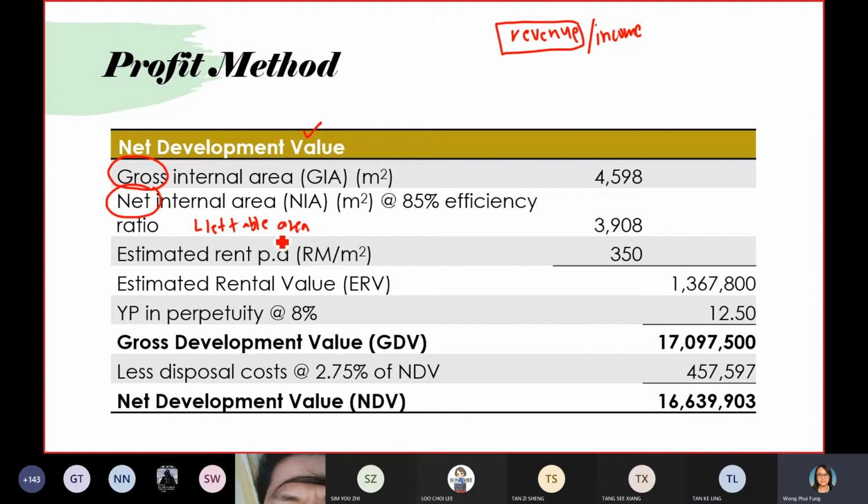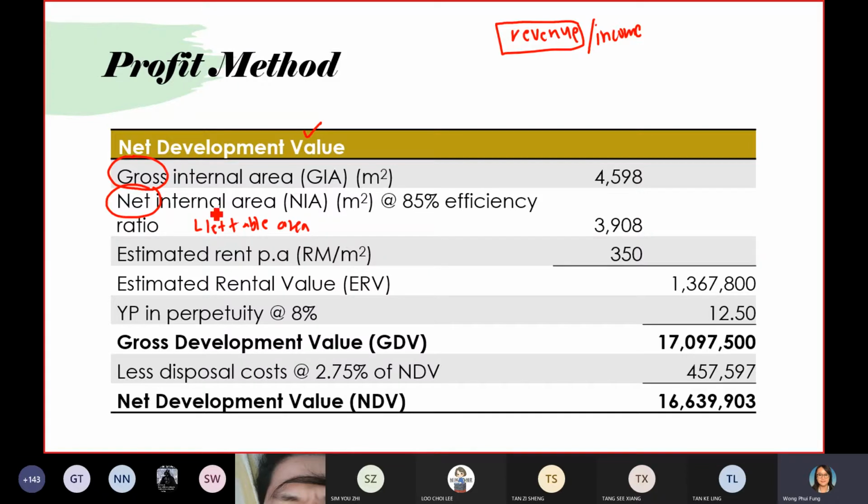So it refers to the office spaces, retail spaces, and also the built-out area for your condo that can be let out to generate income. That is what we call net. Sometimes we call it internal area, sometimes net lettable area.